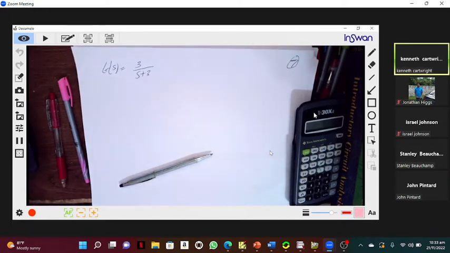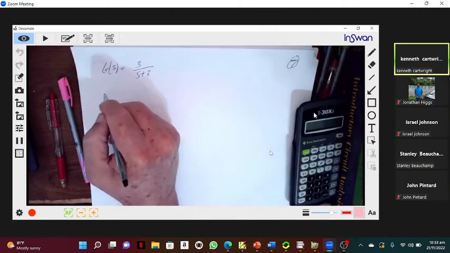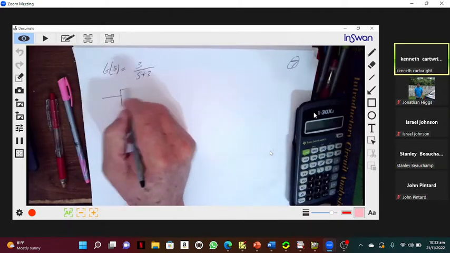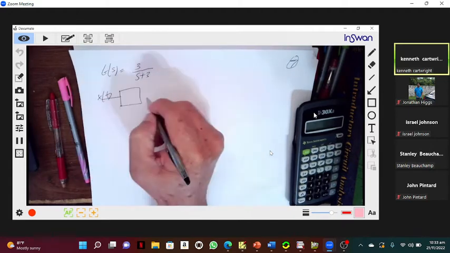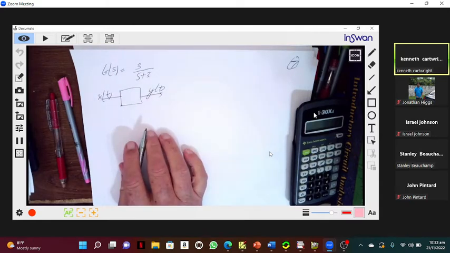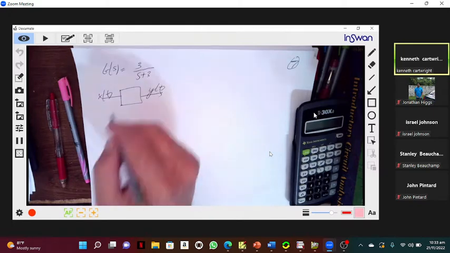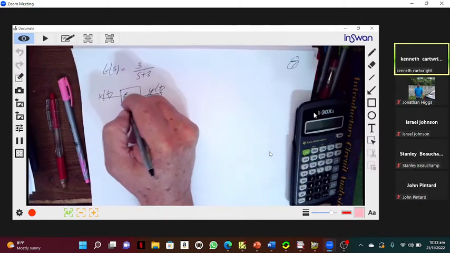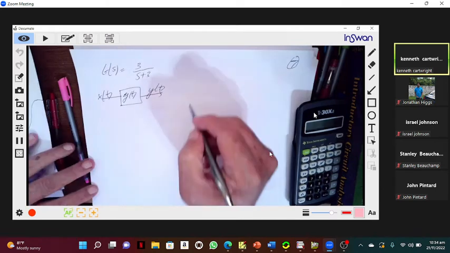So here's what the question is asking. We have x of t, we have y of t on the output, and this is a transfer function. The impulse response is here. We talked about this.